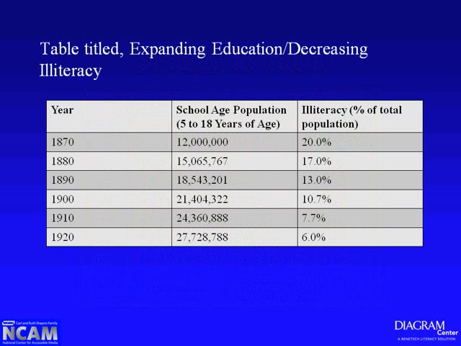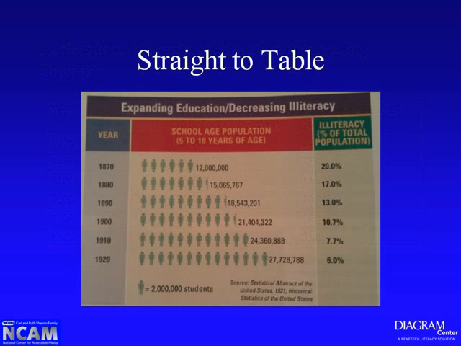The only thing you might want to add to that, oops, I'm having trouble going back. Here we are. If you look at this in a glance, do you see a summary? Do you see a general trend? And you do. You see that as the years increase, the school-age population increases, and the percent of illiteracy decreases.